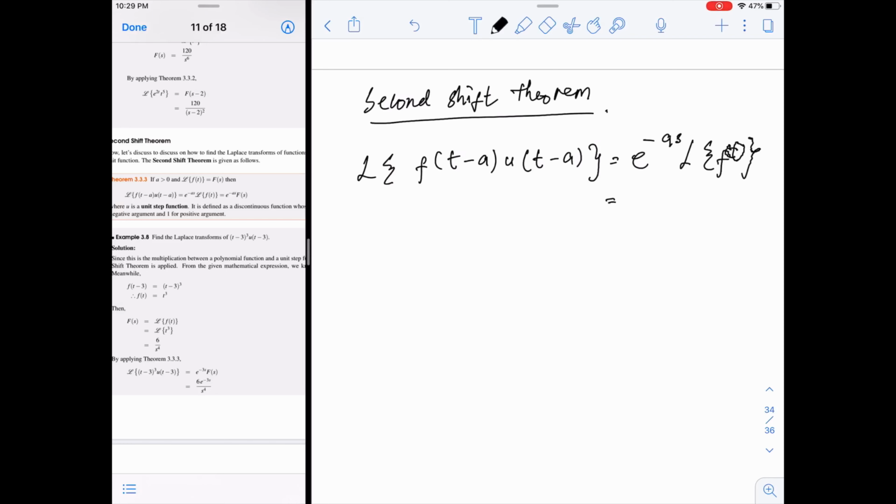So you will get exponent negative as, and then you will get F of s over here.